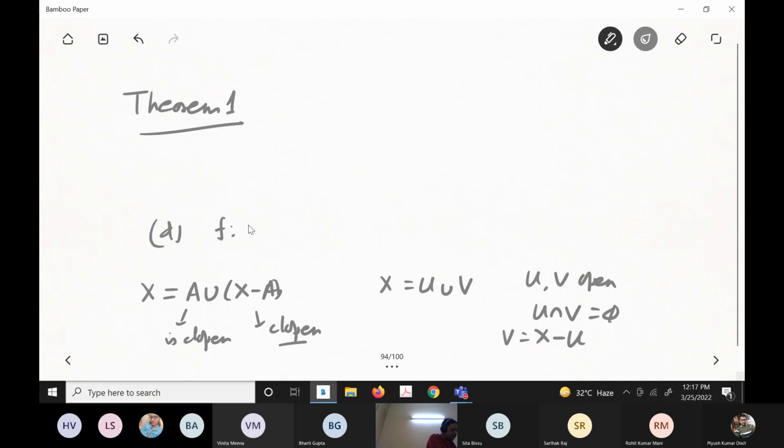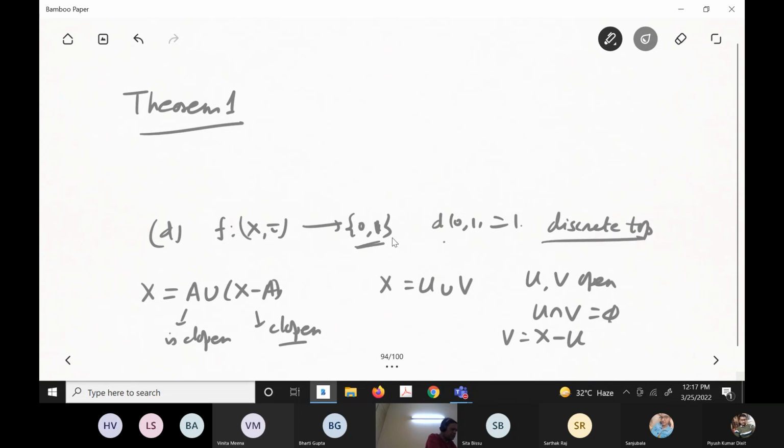Whenever you have a function into a two-point space, with 0 and 1 (just notations, you could take anything, you only need two points) with the discrete metric, that means the distance is 1 if the points differ and otherwise it's 0, it will give you the discrete topology. Then any (X, tau) will be connected.